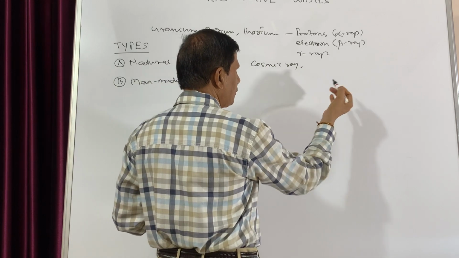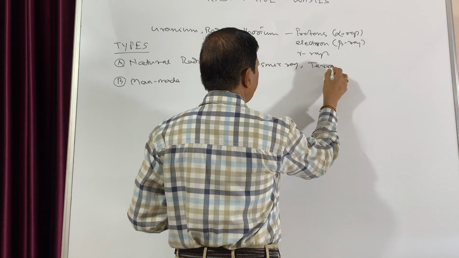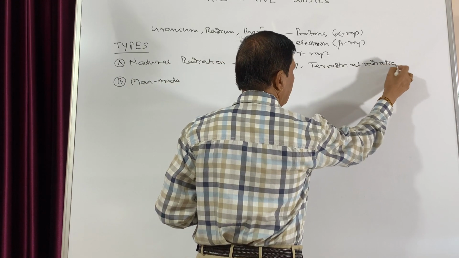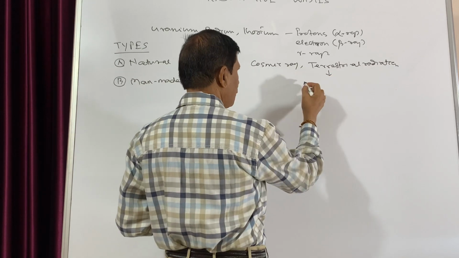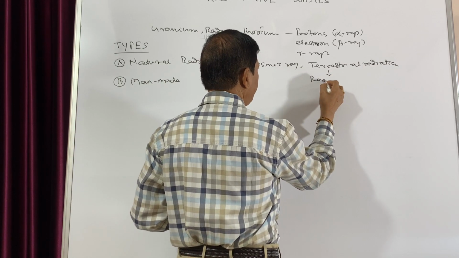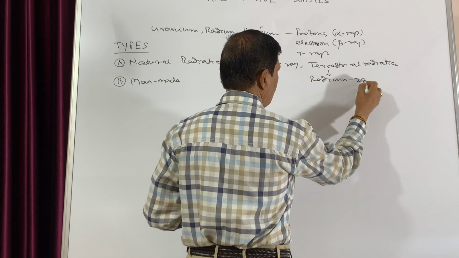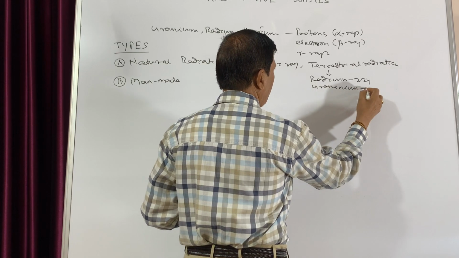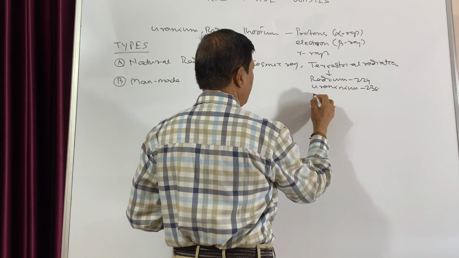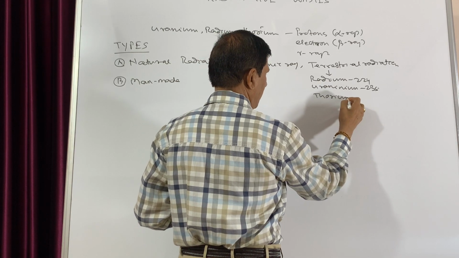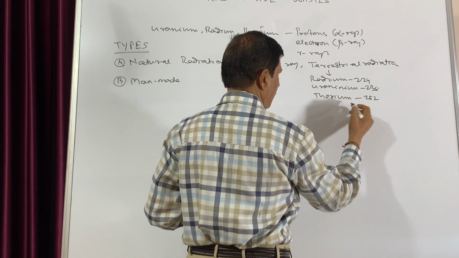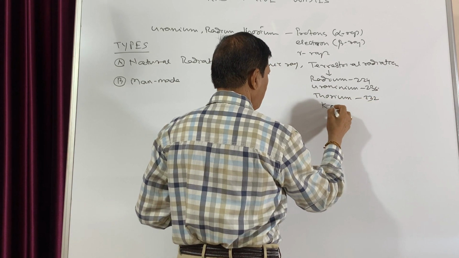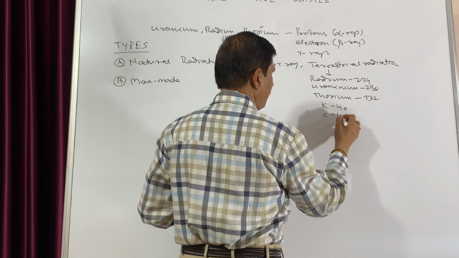Similarly, there is also terrestrial radiation, and terrestrial radiation includes radium 224, uranium 235, thorium 232, potassium 40 and carbon 14.